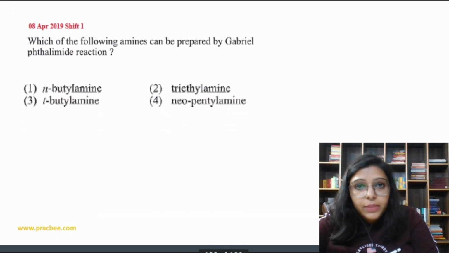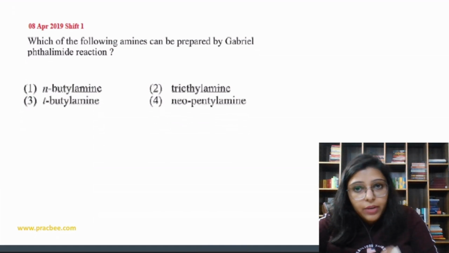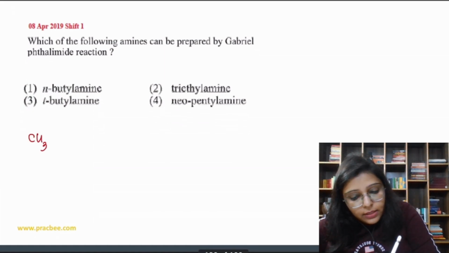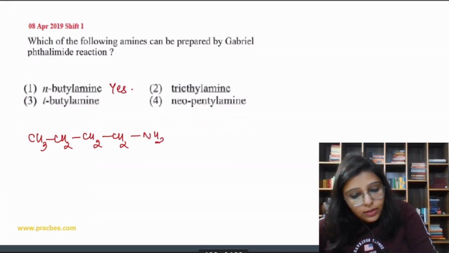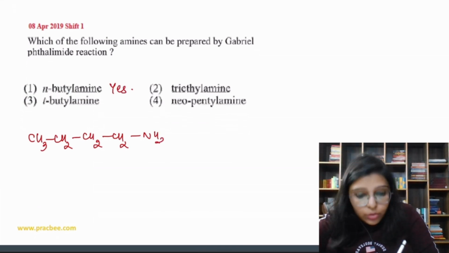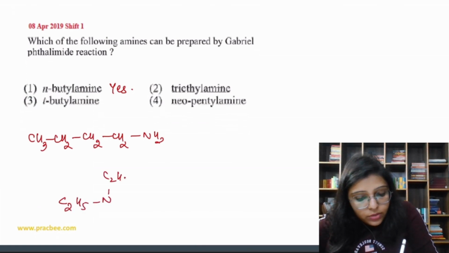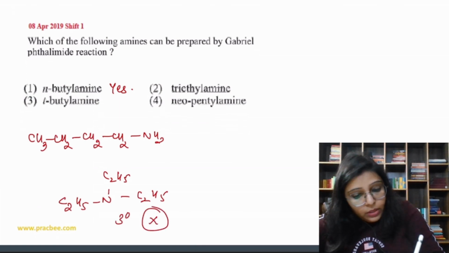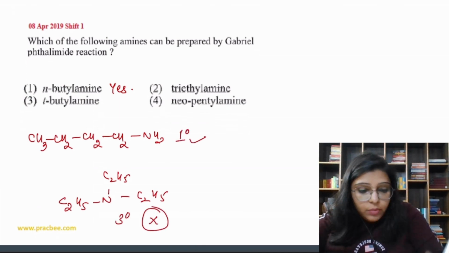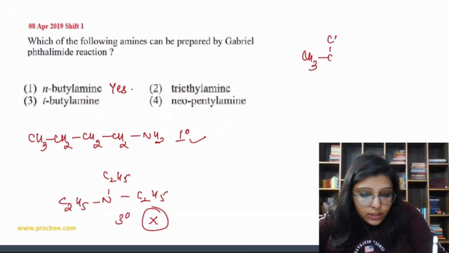Which of the following amines can be prepared by Gabriel phthalimide reaction? N-butylamine? Yes, we can prepare. Triethylamine? No. Bulkier group, C2H5, C2H5, C2H5. This is 3 degree. No. This is 1 degree. Yes. Tertiary butylamine, CH3, CH3, CH3, and this is NH2.